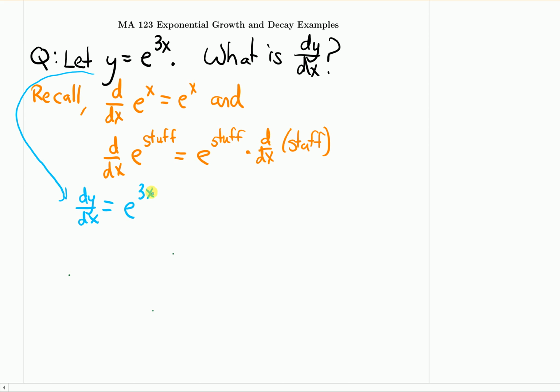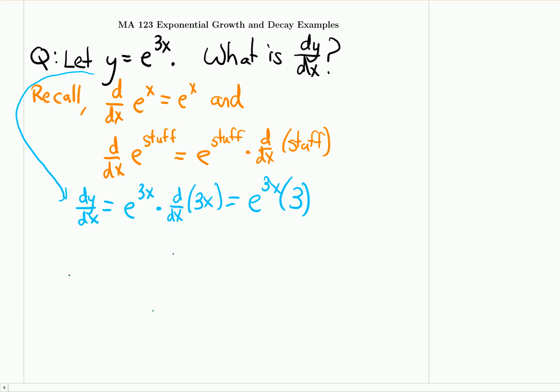But then I need to multiply by the derivative of the stuff, so I need to multiply by the derivative of 3x. Okay, so we know what the derivative of 3x is. So this e to the 3x is still there, and I know that the derivative of 3x is 3. Okay, so that's dy/dx right there. dy/dx is e to the 3x times 3.